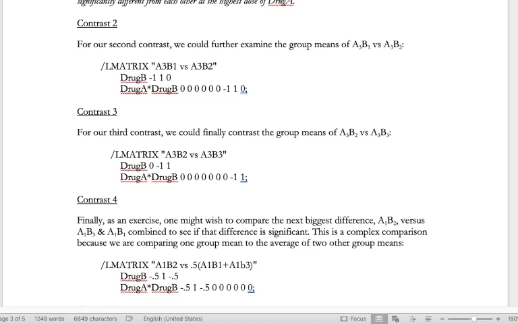No. Or 1, 1, negative 2? No. Remember, it just has to equal out to 0. And then, again, because we're looking at drug B, when we hold drug A constant, that's in here. And then we're also looking at the interaction, because we're looking at just those specific cells. So again, this order comes from the table above.